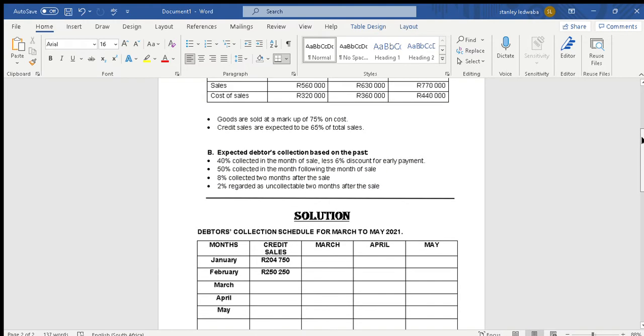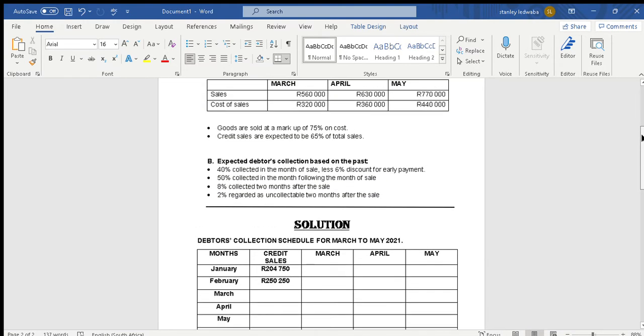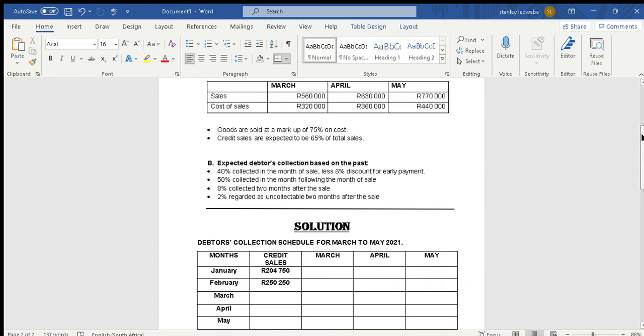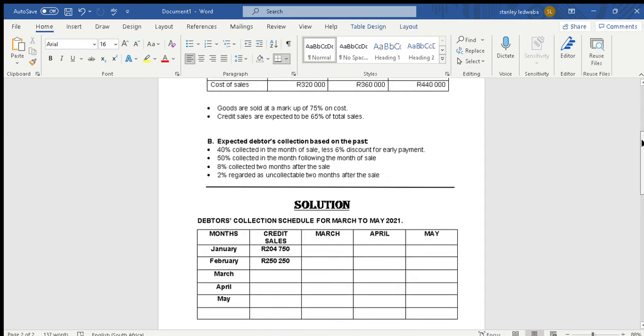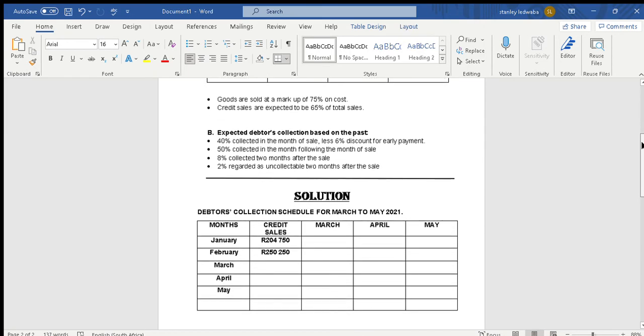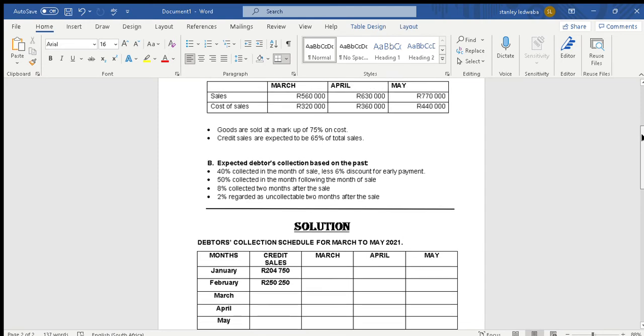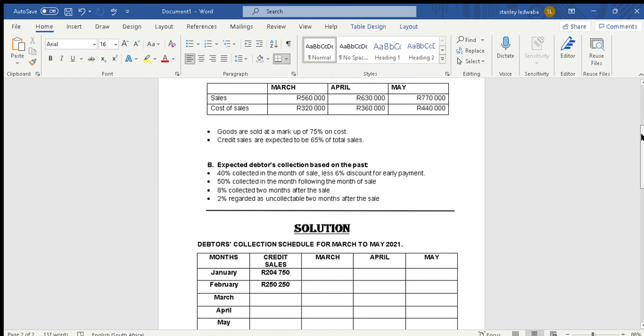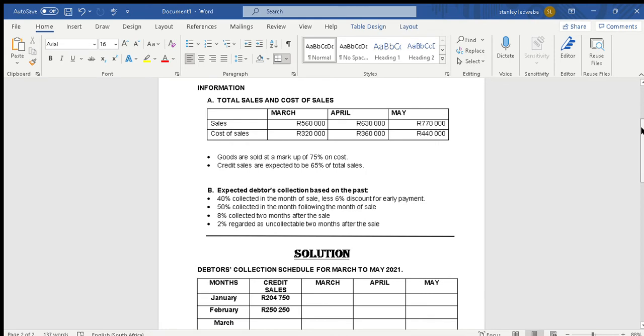They said credit sales are expected to be 65% of total sales. Then we are going to calculate credit sales for March, April, and May. Look at the information of total sales and cost of sales inside the box.